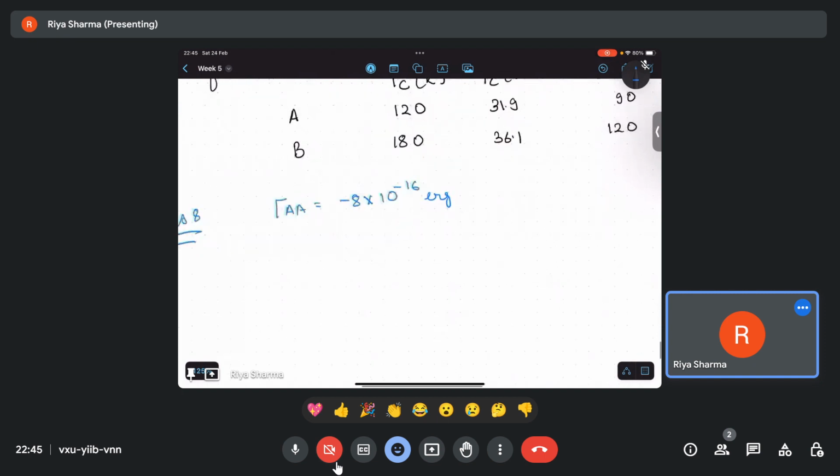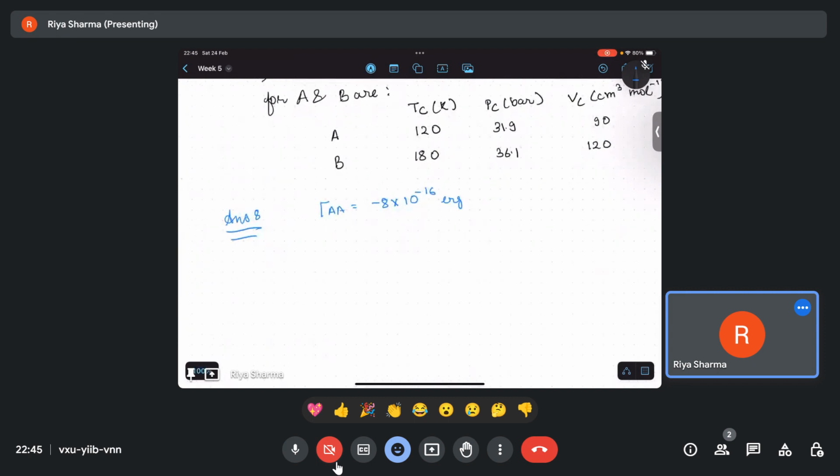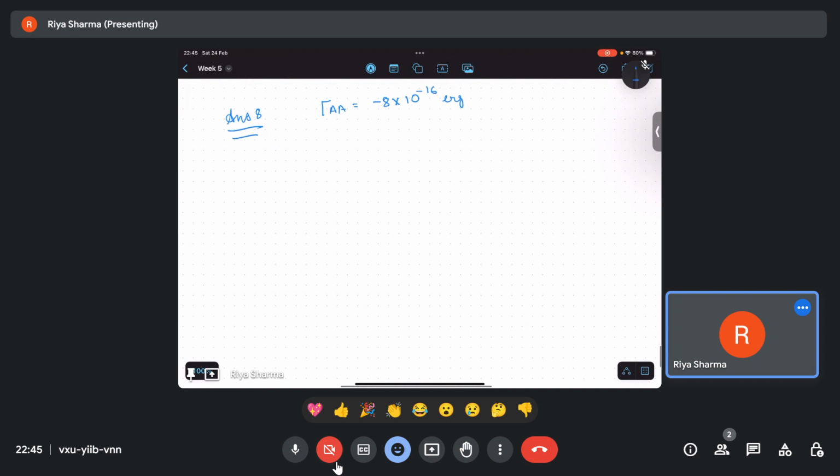As we know, by molecular theory of corresponding states, phi ii by epsilon i is equal to a function of r by sigma i, where r is equal to 2 sigma.